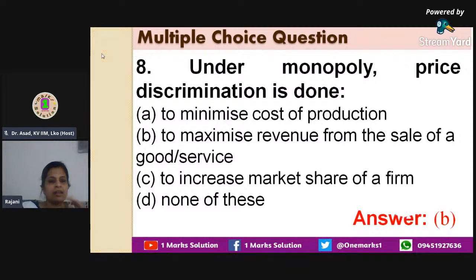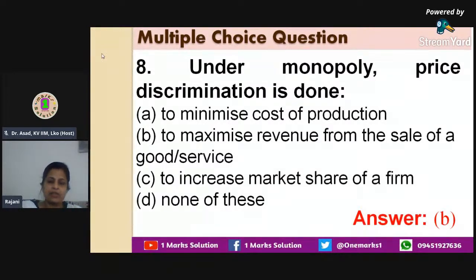The first one, maximize revenue from the sale of a good or service, is the strategy adopted by the monopoly. In some situations they have to adopt such strategies to maximize their sales.